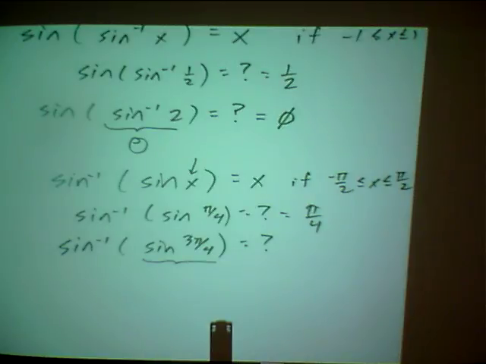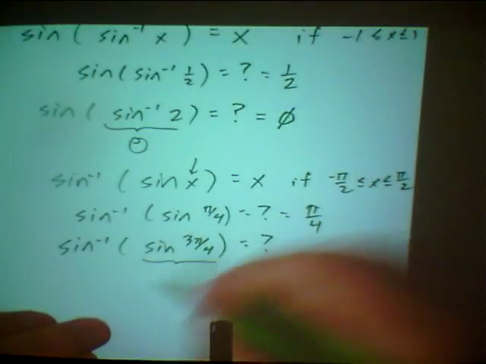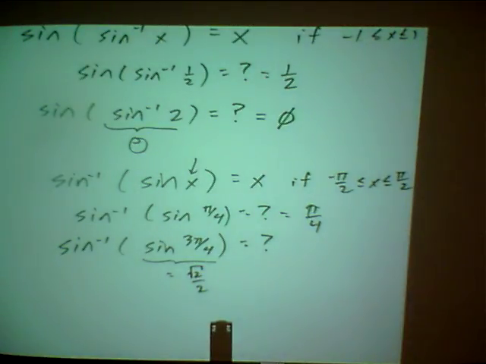What is the sine of 3 pi over 4? Think about your unit circle, and you go to 3 pi over 4. It's over there in the second quadrant. And you realize the sine of 3 pi over 4 is square root of 2 over 2.